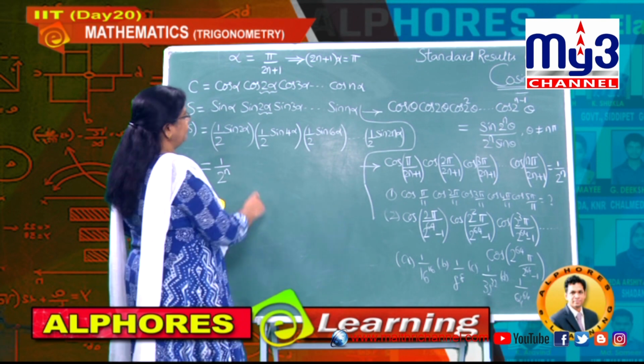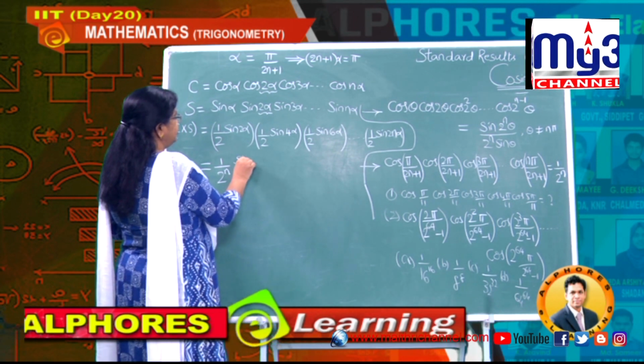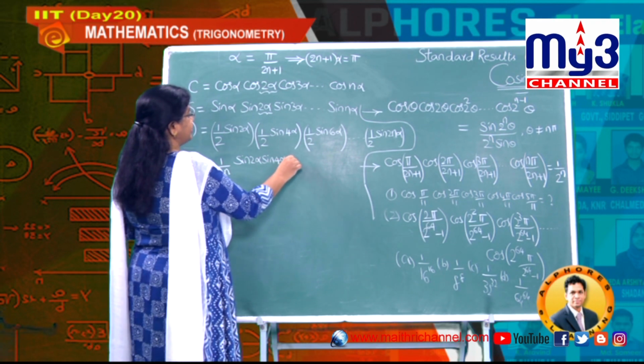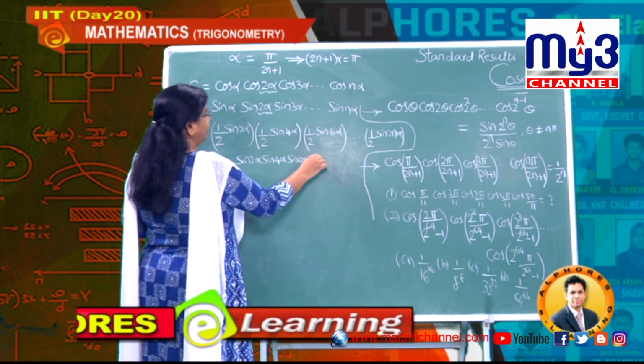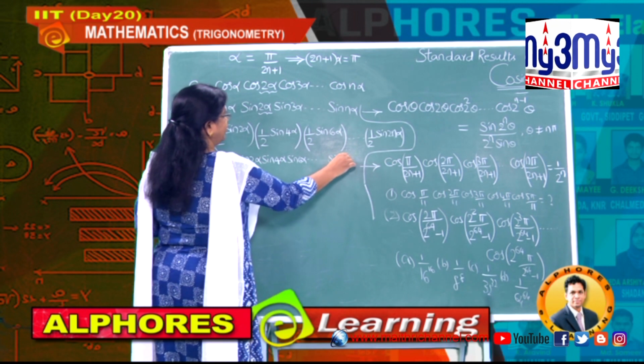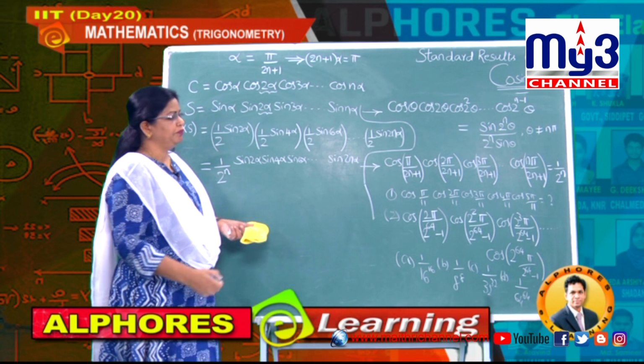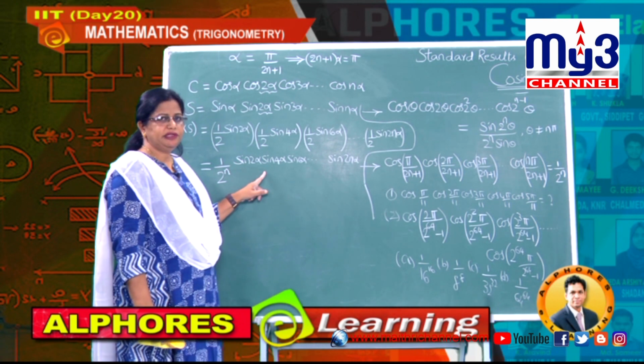And now these values are sin 2 alpha, sin 4 alpha, sin 6 alpha, etc. You will get here the last value, how much? Sin 2n alpha. Got it, students? Now you got the result in this way.